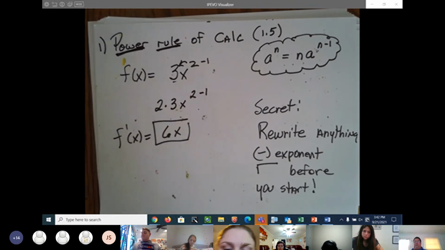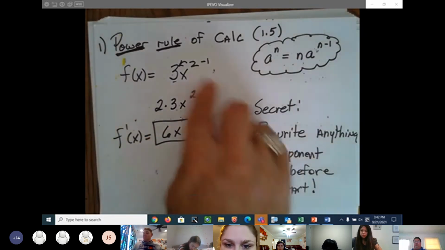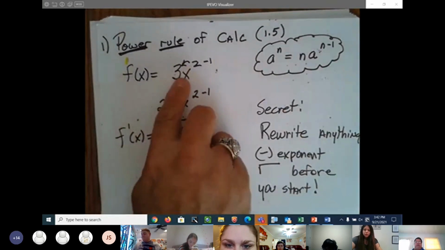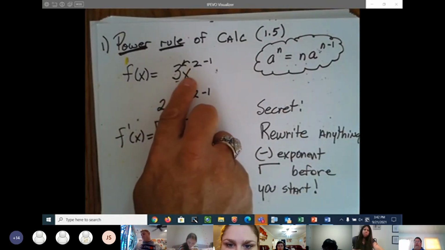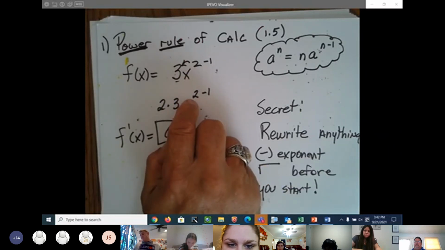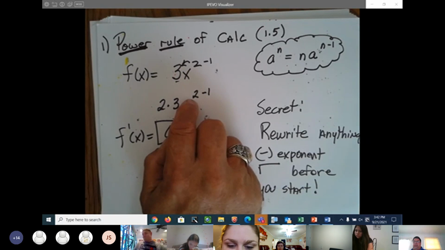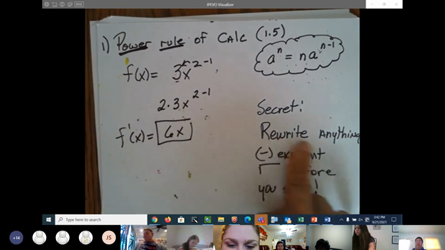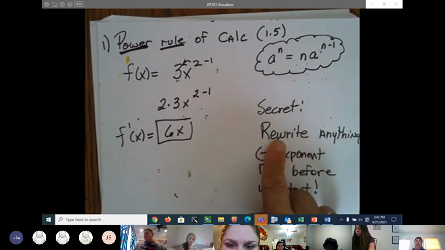There's 3 types of problems in 1.5 power rule problems. There's one like this, which is normal. Just a regular, find the derivative. Then they give you one with a negative exponent or one with a fraction and you turn it into a negative exponent. And the other one is with a radical. And those are the ones you rewrite before you start.